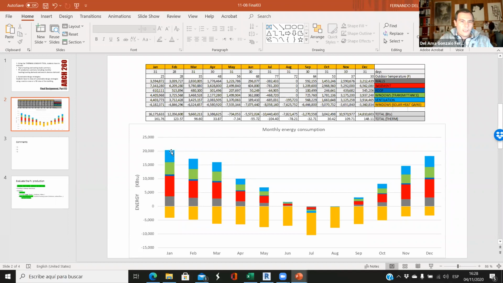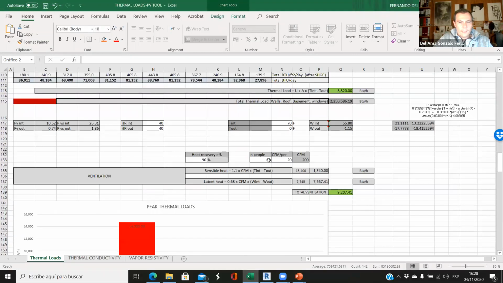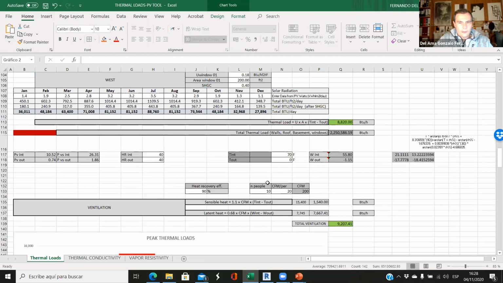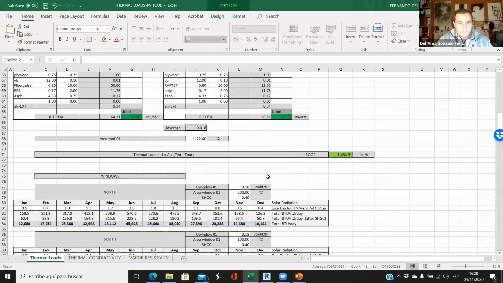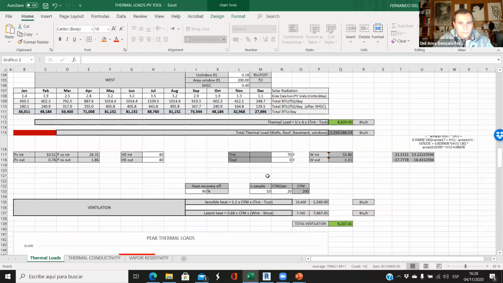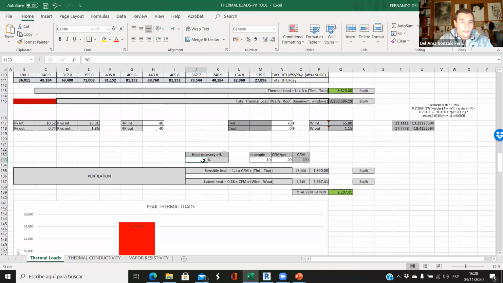So what can we do? If we want to reduce the ventilation loads, we have to use a heat recovery. Have we used a heat recovery? Where is it? Okay, yeah. We have used a heat recovery, 90% efficient. So there's nothing we can do.